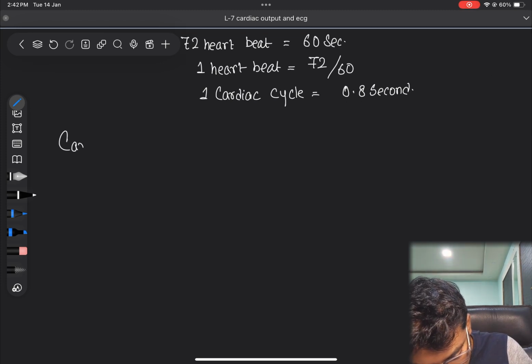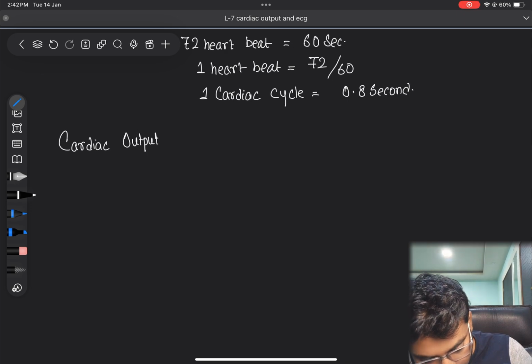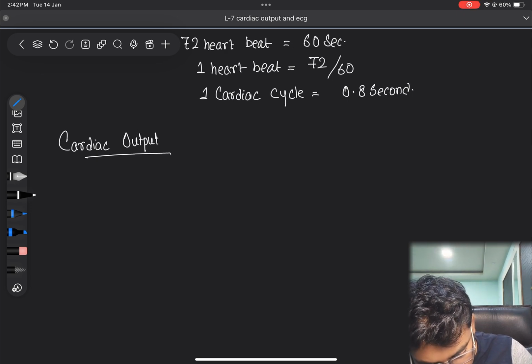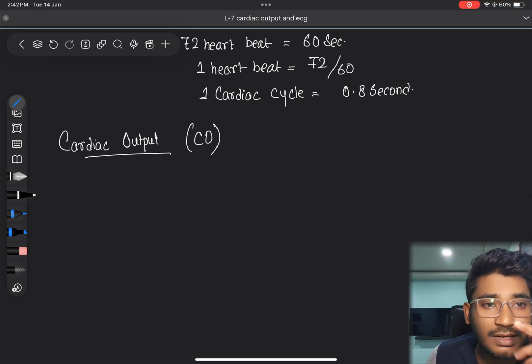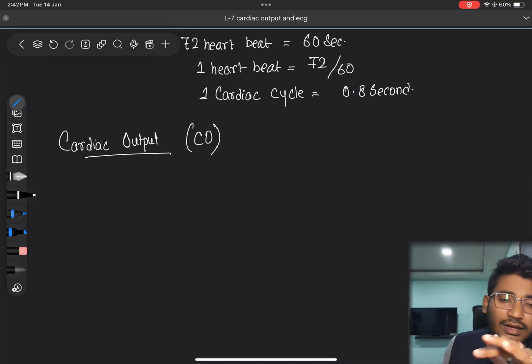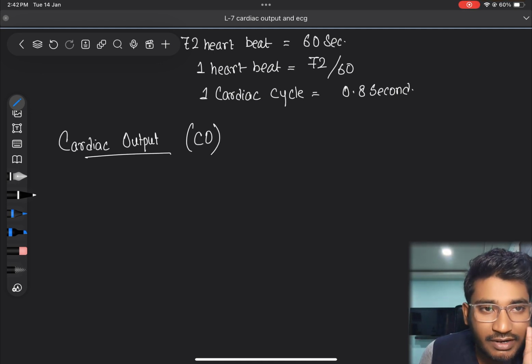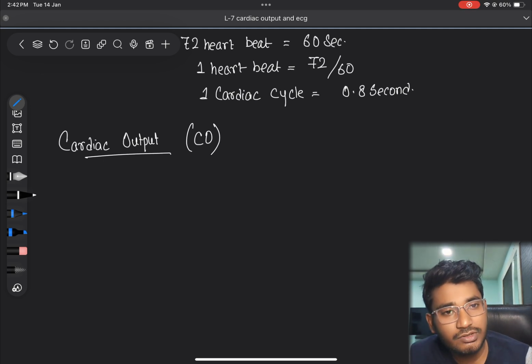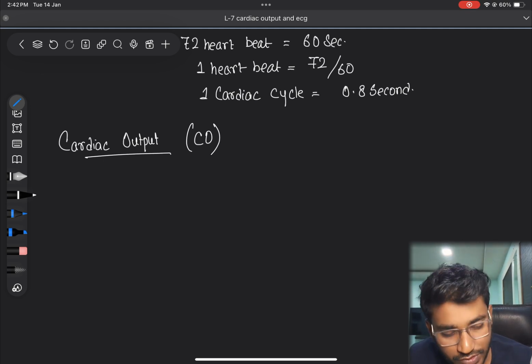Cardiac output. So what is the cardiac output or CO? I will write CO in the next writings; every time, instead of writing cardiac output, I will write CO. So just remember, CO is not carbon monoxide, it's cardiac output.